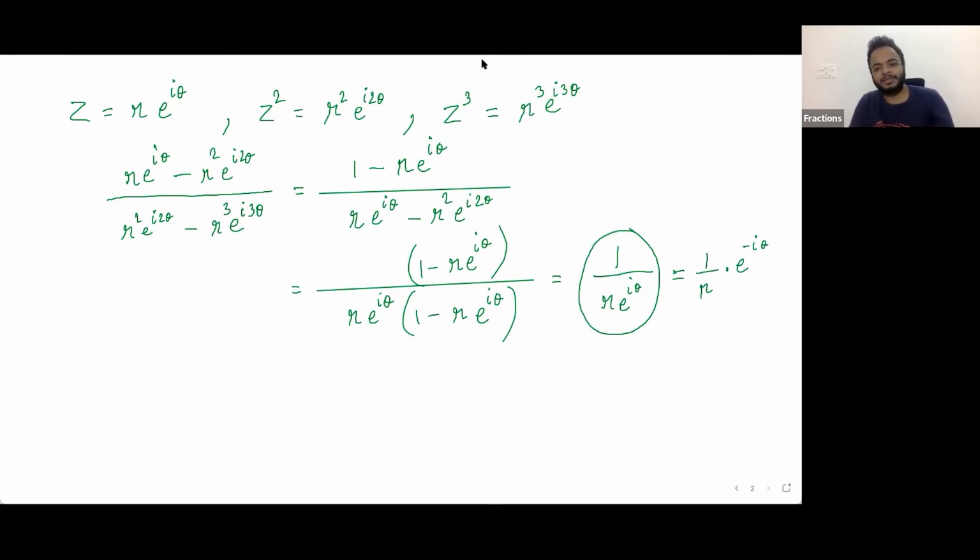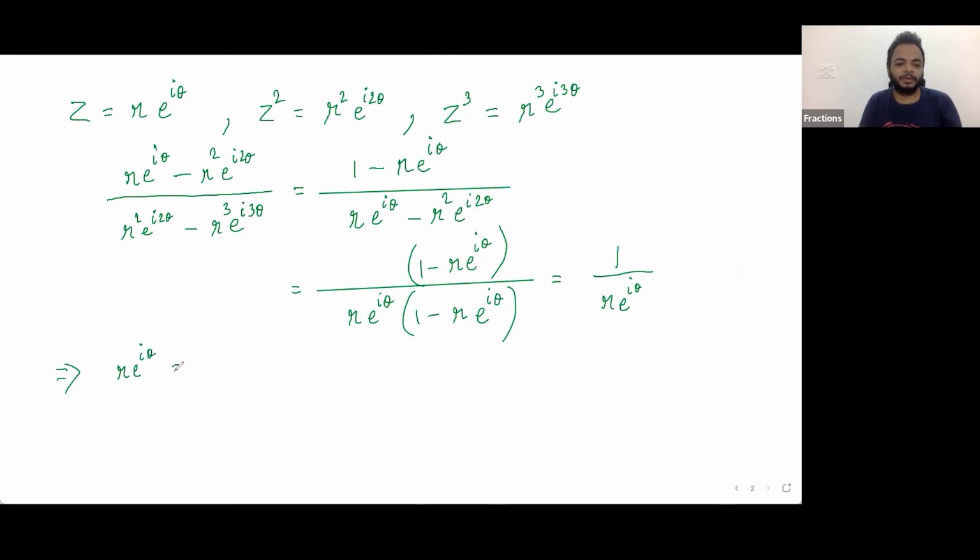Or you can just simply say that since this is a real number, that implies r e to the power i theta has to be a real number, which also implies that e to the power i theta is in R.